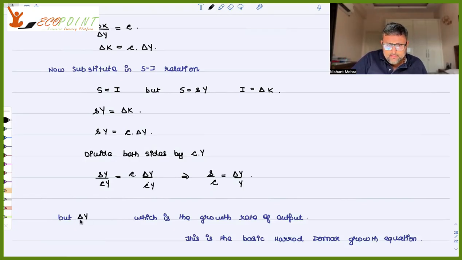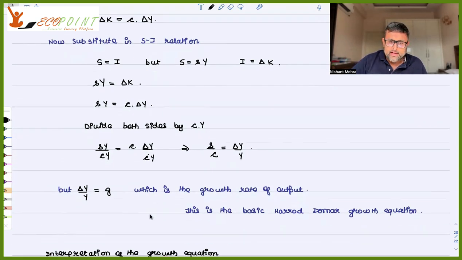But delta Y by Y is nothing but the growth rate of output. Delta Y by Y is this period's output minus last period's output, upon last period's output.